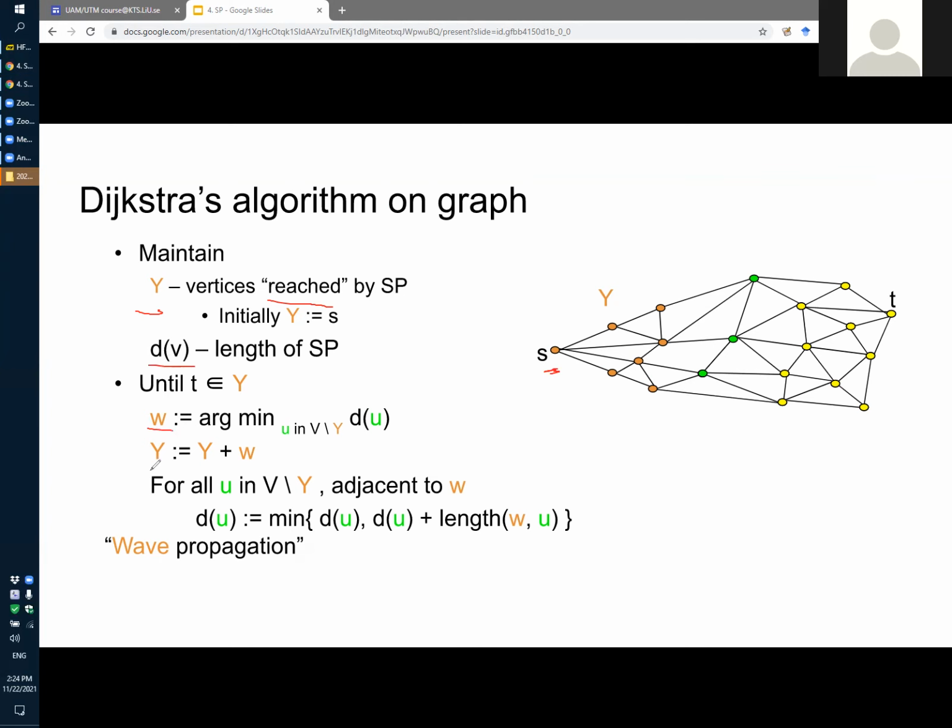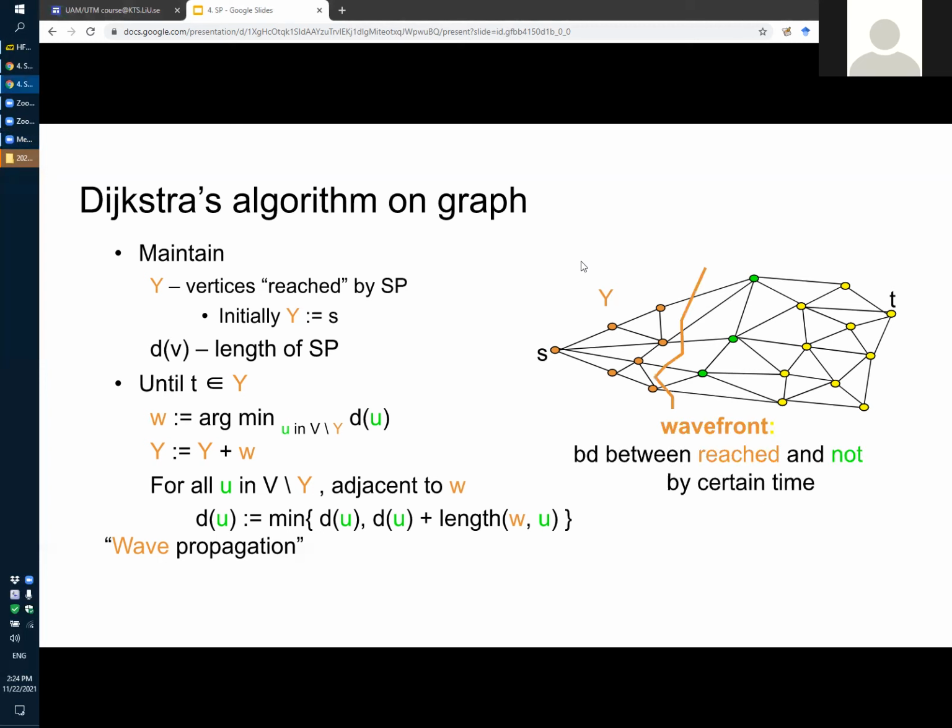Without going too much into the details of how it updates the visited vertices, you may view Dijkstra's algorithm as a kind of wave propagation from S. The wave goes on, and at any particular time you have this wave front, which is the boundary between what has been reached already, the visited vertices, and what hasn't been reached by the wave yet.